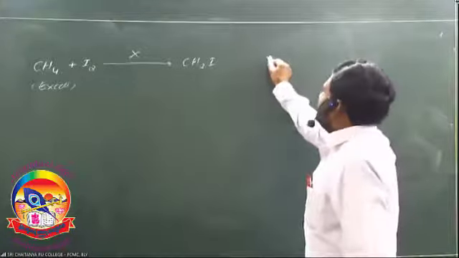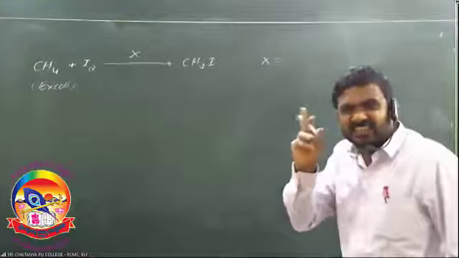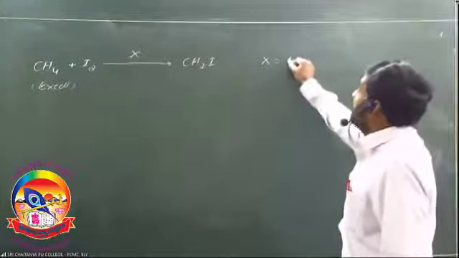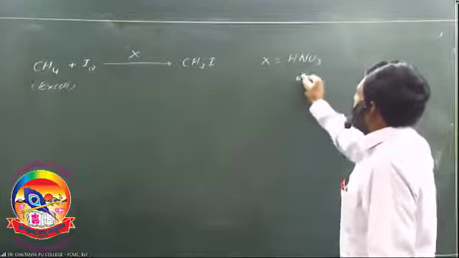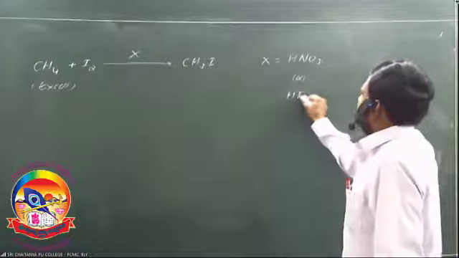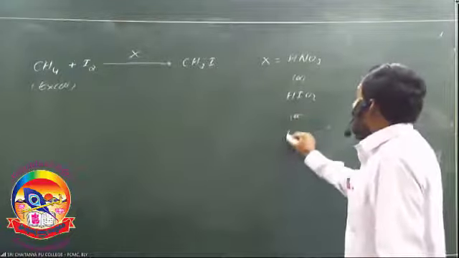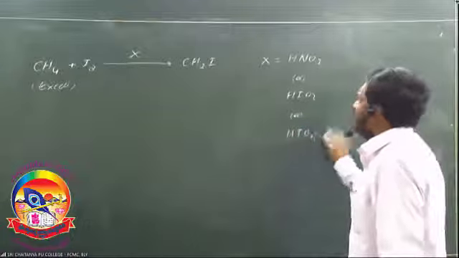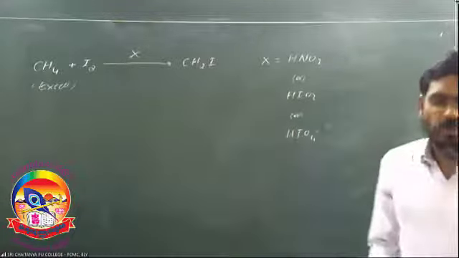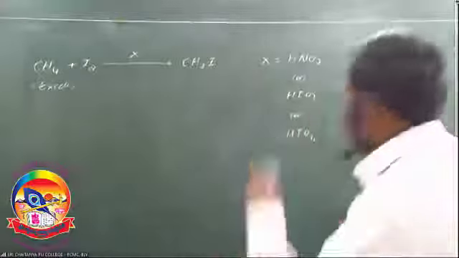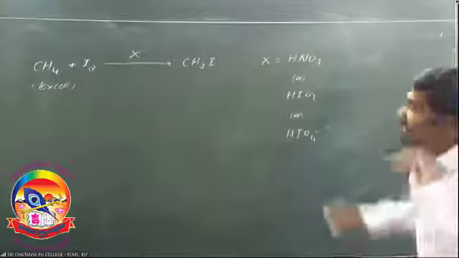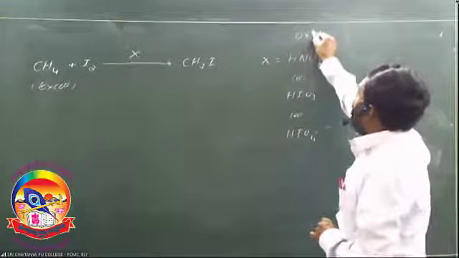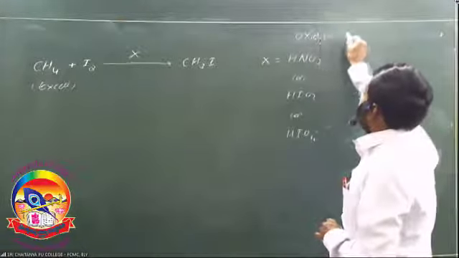So what is the X? Here X is an oxidizing agent like nitric acid, iodic acid HIO3, or periodic acid HIO4. To prepare iodoalkanes, it is possible only in the presence of oxidizing agents. These are all oxidizing agents.